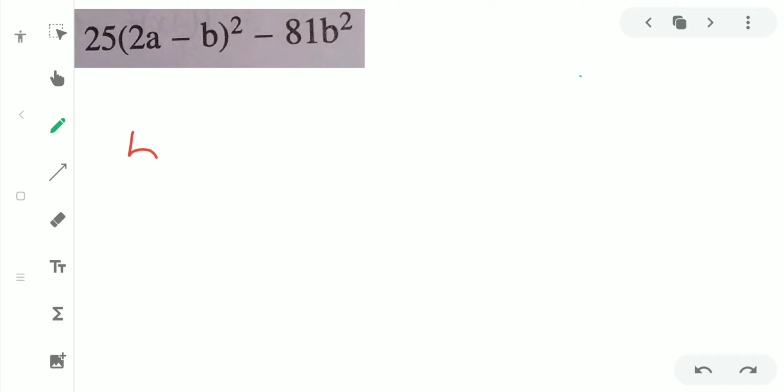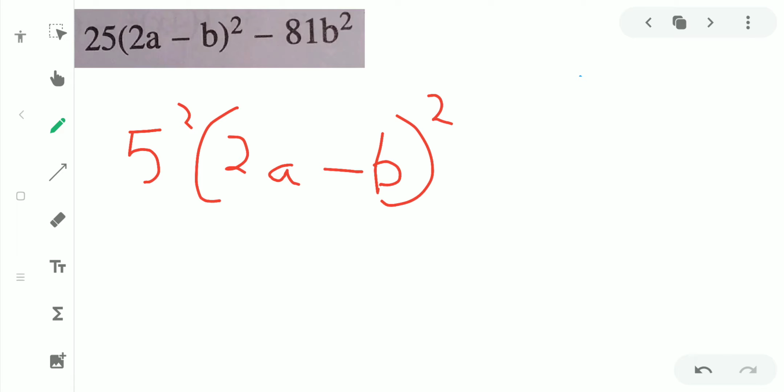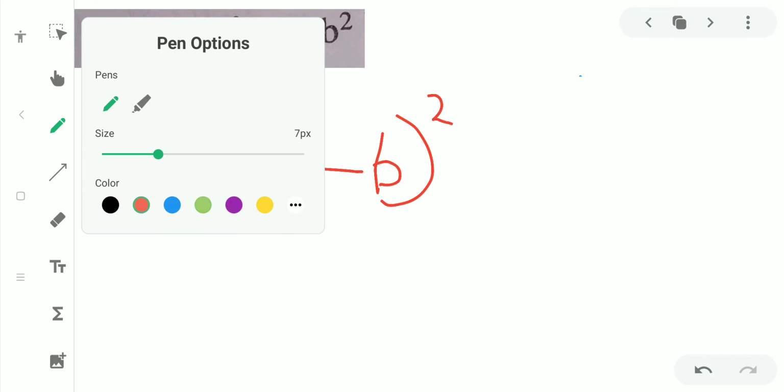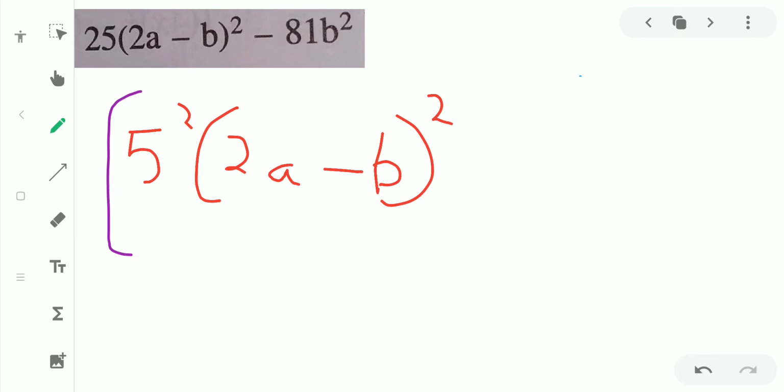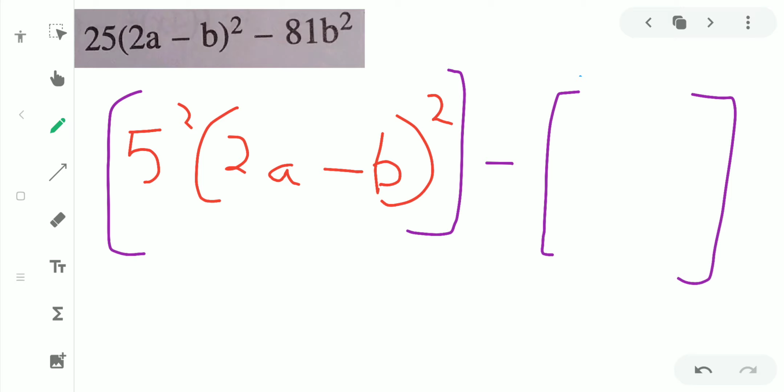Now 5 square times 2a minus b whole square, let me keep this in double brackets, minus 81 is nothing but 9 square and b square. So this we are having.